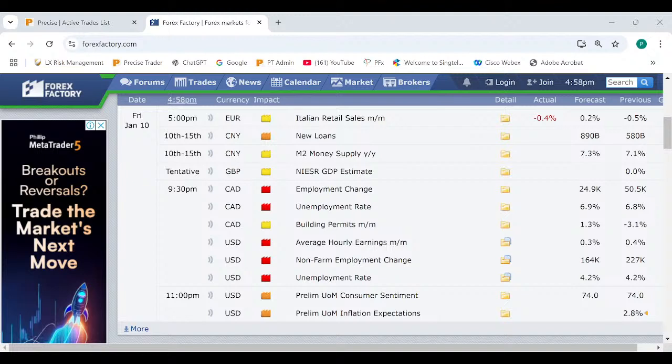But the tricky part is, usually when dollar strength happens, gold should go down. But I'm not sure, because there is a decoupling of the dollar and gold, so they are moving in the same direction. Which means we might get a spike up, and if the data is good, then we may see the market turning down.